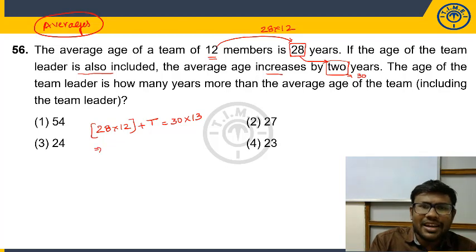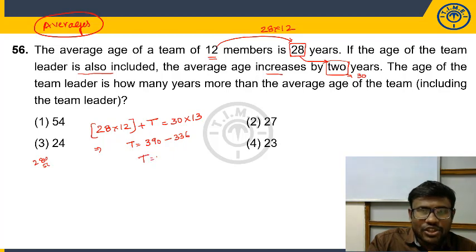Now can you calculate the age of the leader? 30 into 13, that is 390, and 28 into 12, that is 280 plus 56, so it is 336. So the age of the team leader is 54. But he is not asking to calculate the age of the team leader.